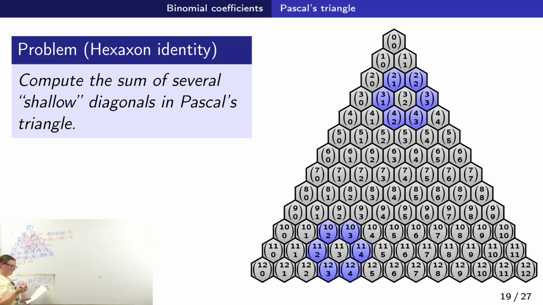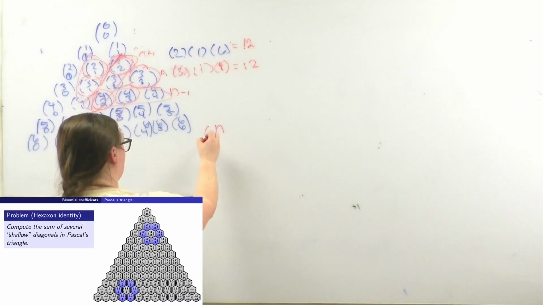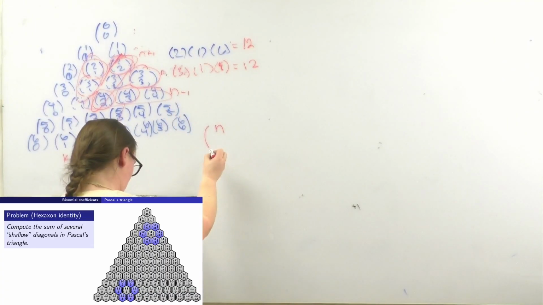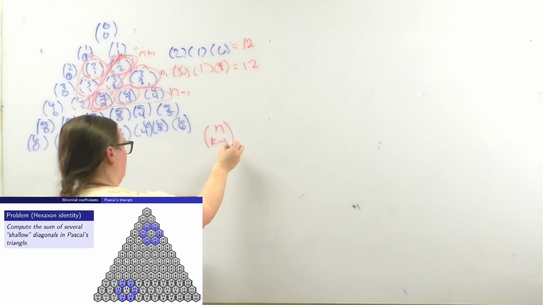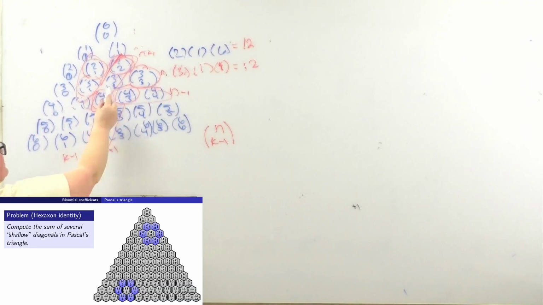Super fascinating. I know this is impossible to read, and I'm so sorry. On this one, that was n and k minus 1. So the row n diagonal k minus 1 gives us this guy right here.